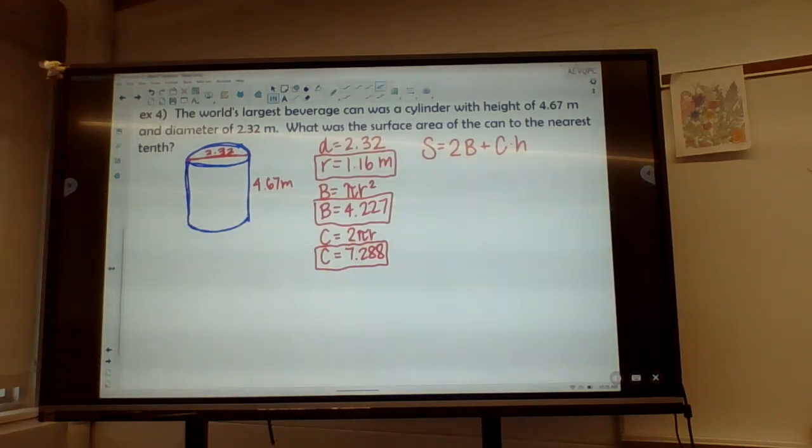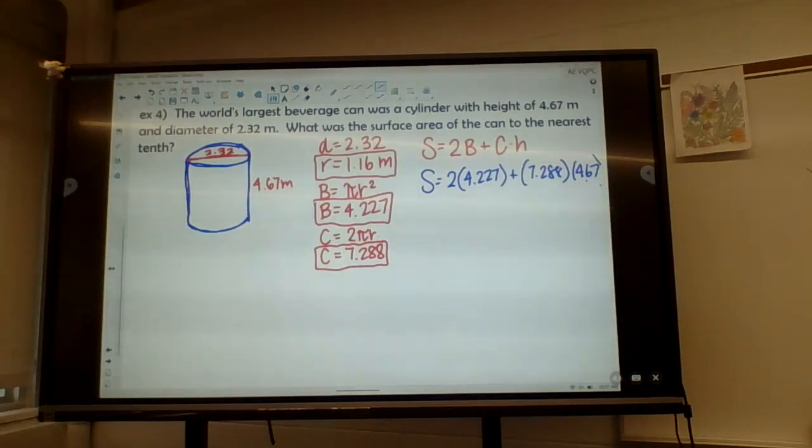Now I'm going to put all of those into our formula. It's really easy to put something in wrong, type it into your calculator wrong, so double check that you transferred everything over correctly.